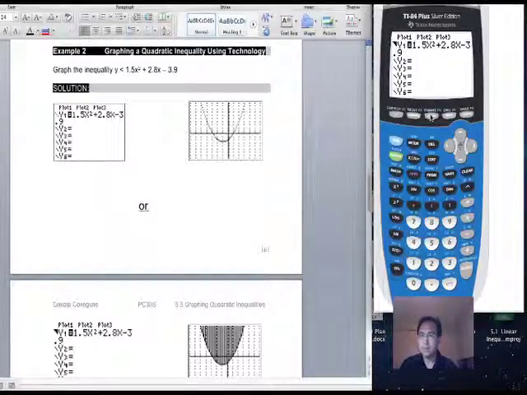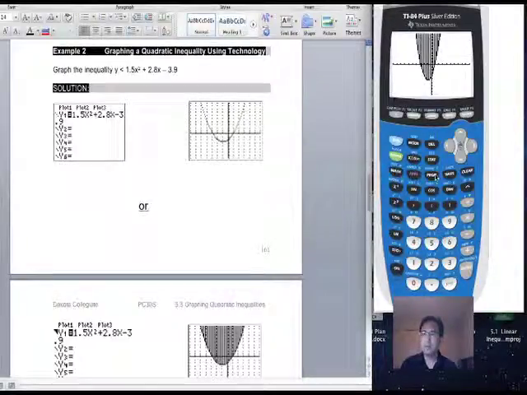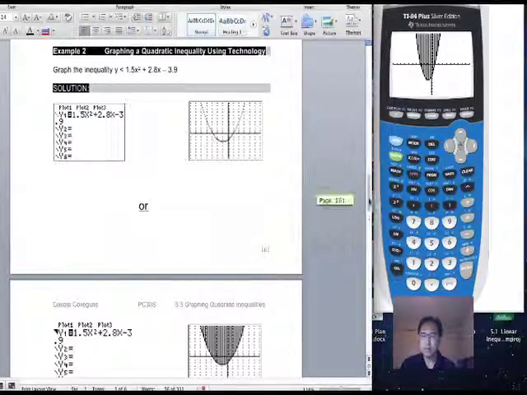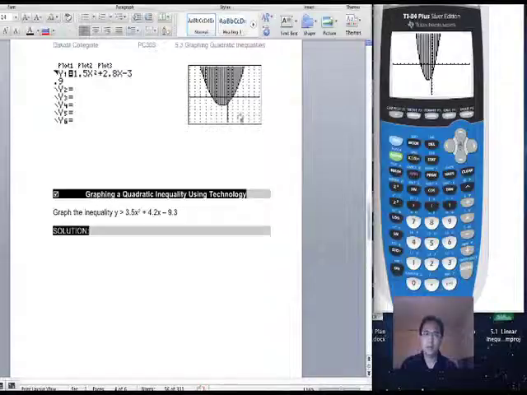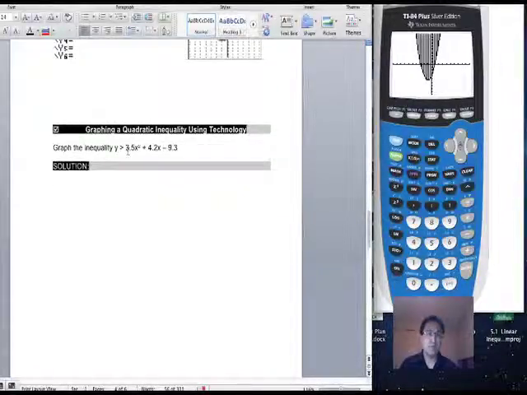And maybe zoom 6. Most of these are kind of standardish parabolas. Gets us inside the window. There it is. So all I'm going to do is take this and sketch it out like so. So that's pretty simple. I want you to try the check graphing this linear inequality. And again, as always, if you're having trouble with these checks, the full solutions are in your work text.